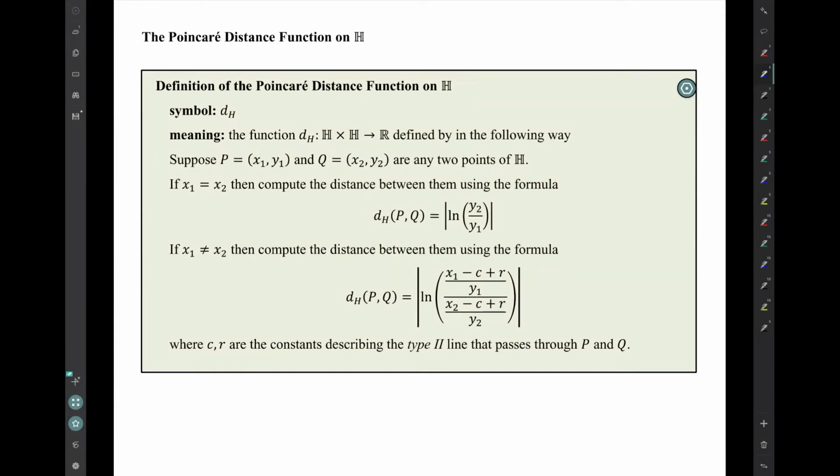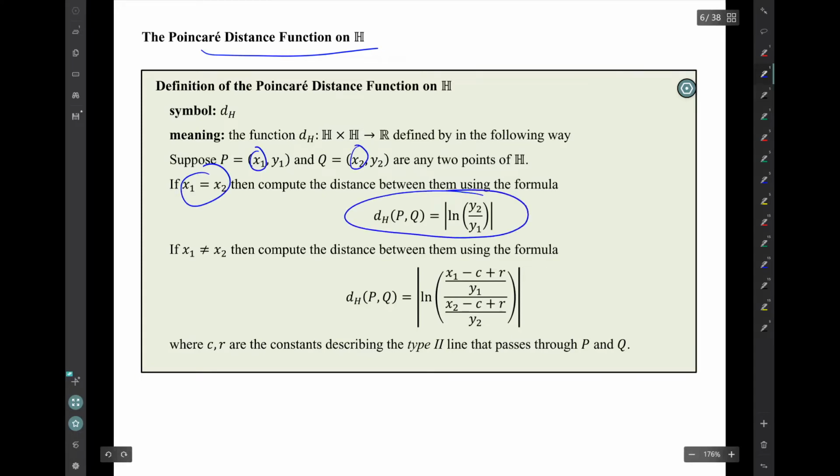And I introduced the Poincare distance function on the upper half plane. And remember that when computing the Poincare distance between 2 points, you have to determine first whether or not the 2 points have the same x-coordinates. If they do, then you compute the distance between the points using this fairly simple formula involving just the y values.